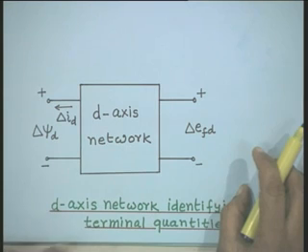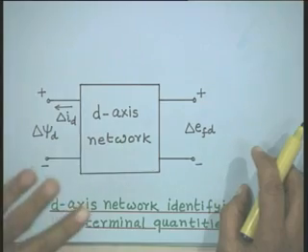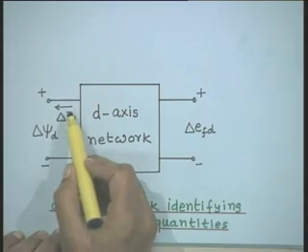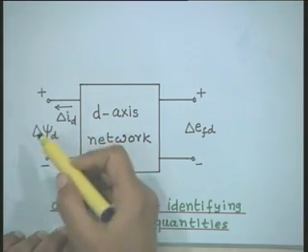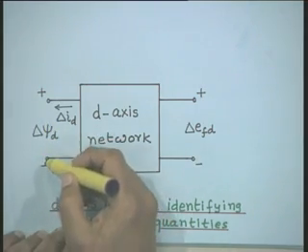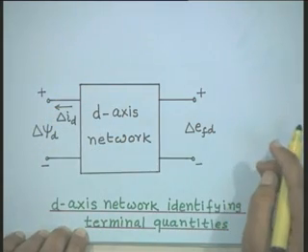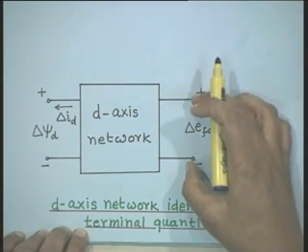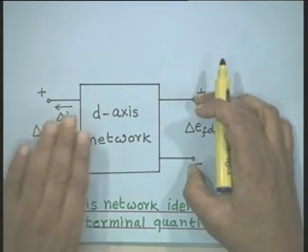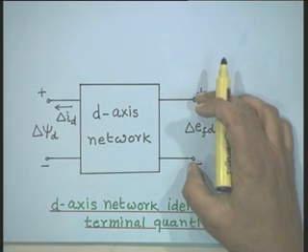Now, we will be representing this machine by two networks, one direct axis, another quadrature axis. In the direct axis network, the direct axis current is the output from this network, and we are looking for the flux linkage in the direct axis due to this particular excitation at the field winding and the load which is supplied by the synchronous generator terminals.